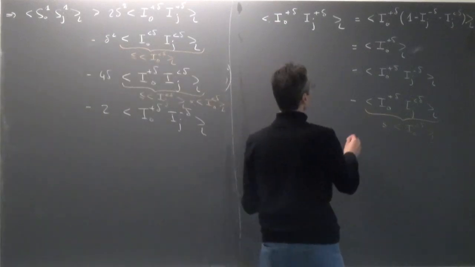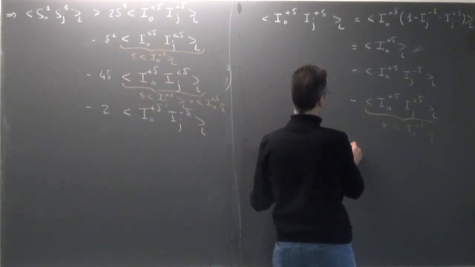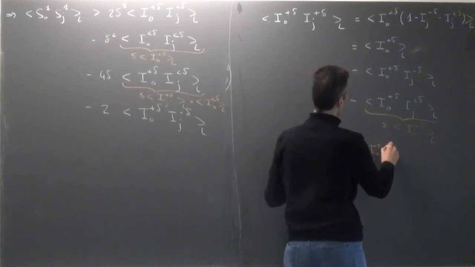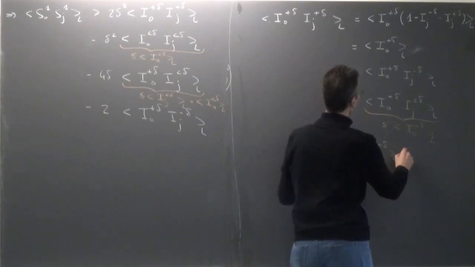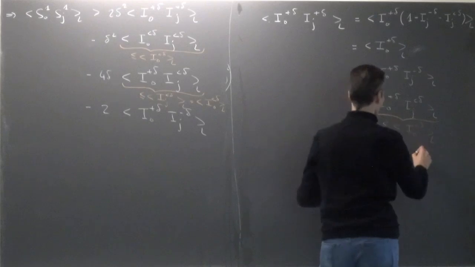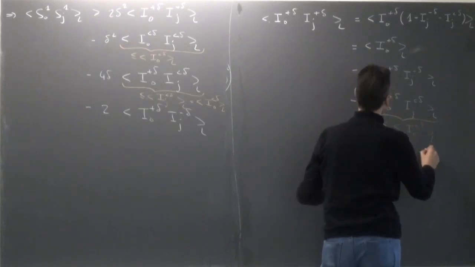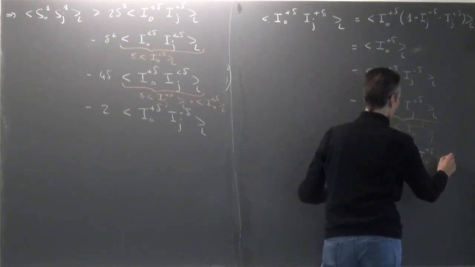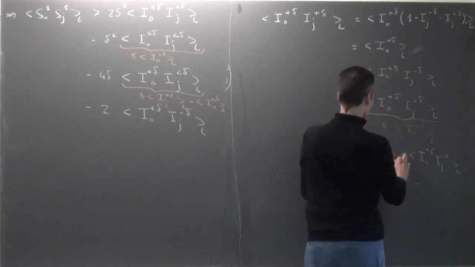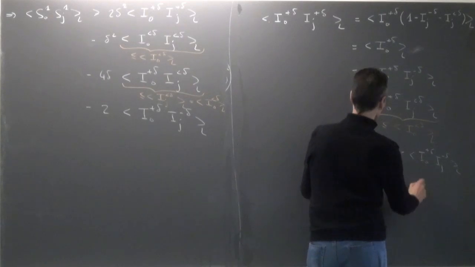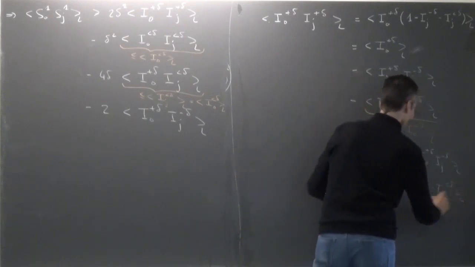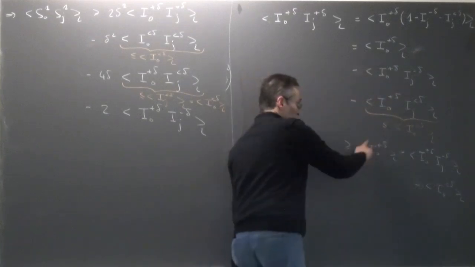So this is larger than I0 plus delta L, plus this guy is of the same form as this guy, so this is not a problem. I0 plus delta ij minus delta. And this last, with a minus, is just the I0 smaller than delta L. And then this guy, I'm almost happy.